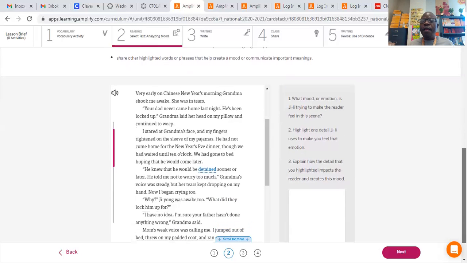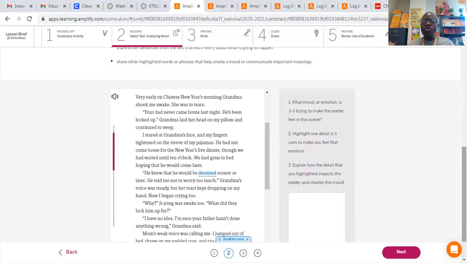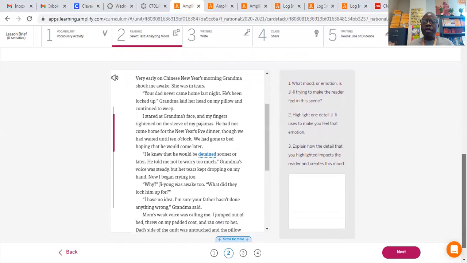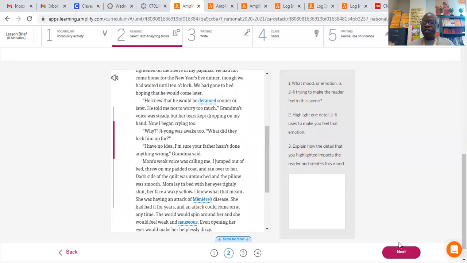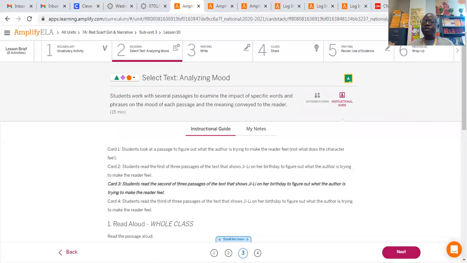What detail does Gilly use to make you feel that emotion? And then number three, explain how the details that you highlighted impact the reader and create this emotion. So this is the assignment you do upon reading this text. And then let's go to the next point.